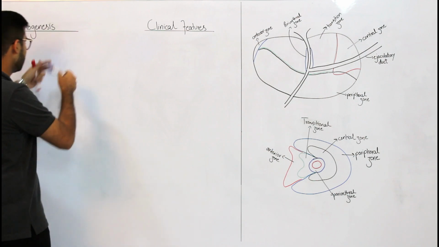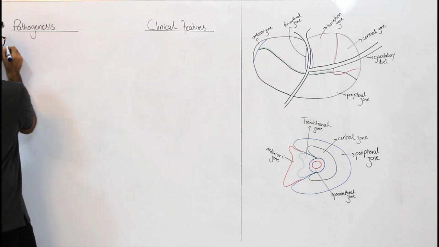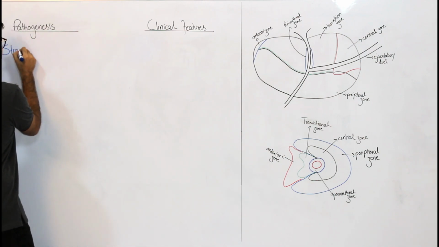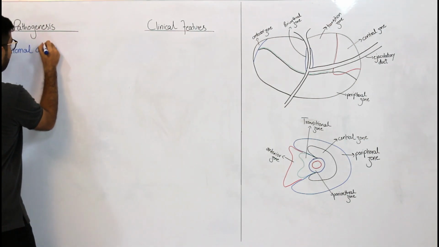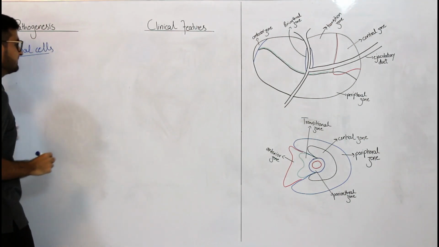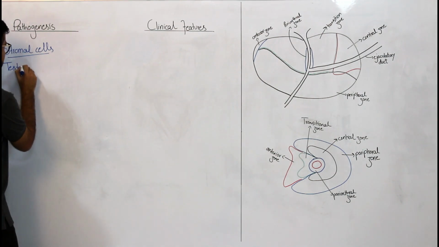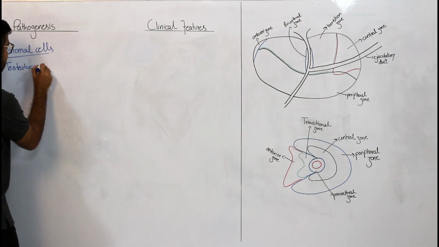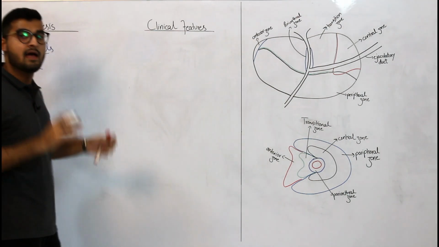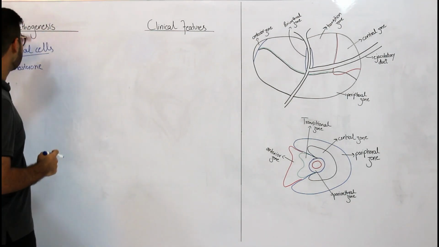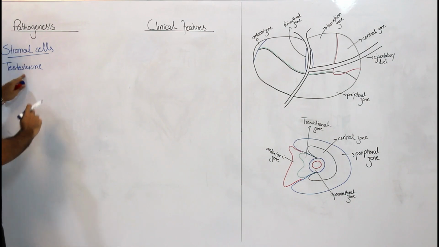I'm going to write these two cells here. First you have your stromal cells. Testosterone is going to come and act on the prostate, and in the prostate you have stromal cells, so it's going to come into the stromal cells, and over here you have your prostate.